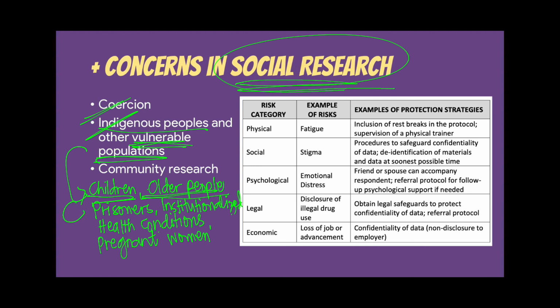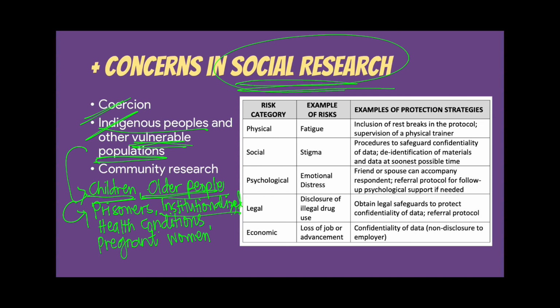And then, of course, prisoners are considered vulnerable because it's harder for them to make decisions for themselves, and what they could say could put them in legal implications, etc. And also other institutionalized people like nuns, priests, and military people, because they belong to an institution wherein obedience is a requirement.